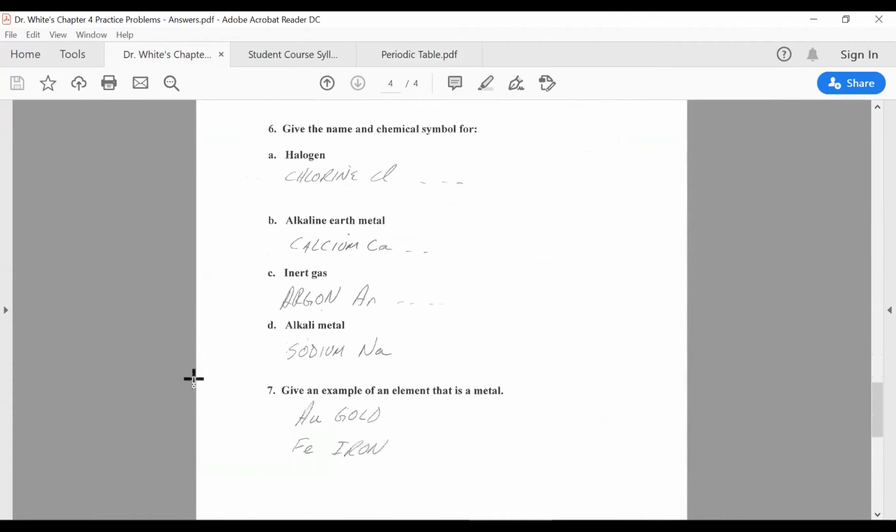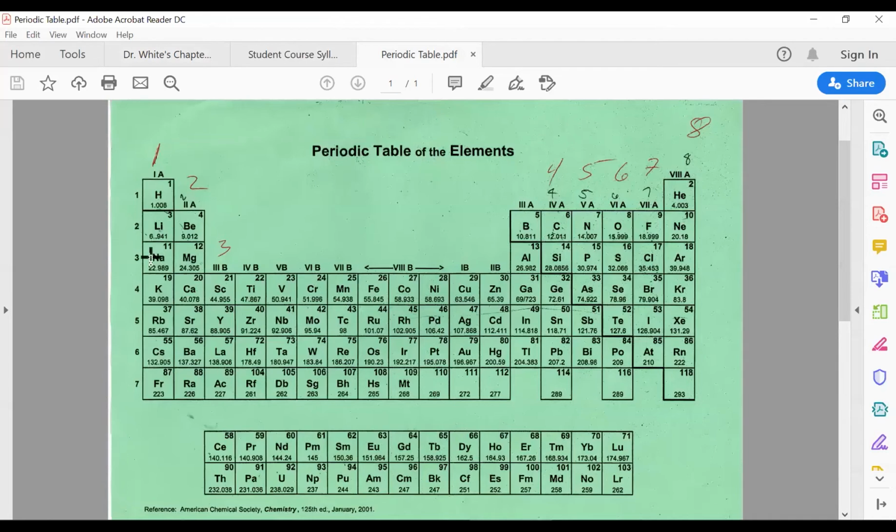And finally, I'm asking you to give the name and chemical symbol of a halogen, an alkaline earth, an inert gas, and an alkali metal. If we go to the periodic table, the first column, not including hydrogen, are the alkali metals.